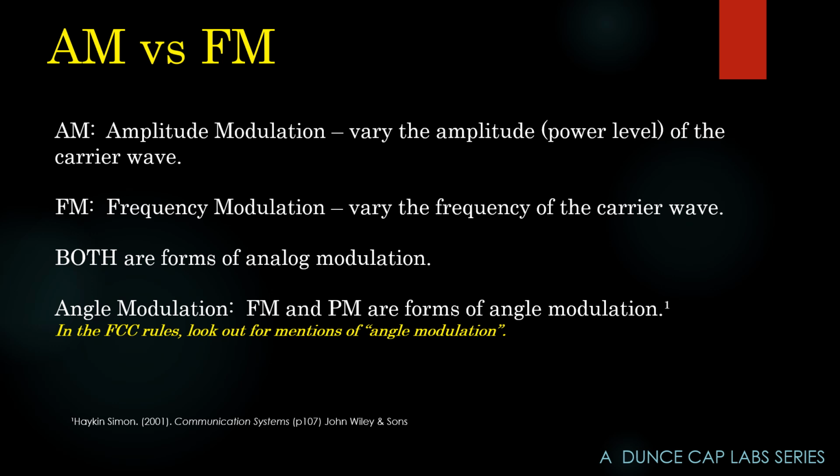This is why there's so much confusion in the ham community about FM and what's legal, because when they see angle modulation, you kind of gloss over it. Well, they're actually talking about FM, but they're being very all-encompassing with their terminology. Yes, it's irritating, but I'm sorry, bureaucrats write rules that way. And the fact of the matter is, mathematically, and from a physics standpoint, it is all angle modulation. It's just so confusing when they do that.